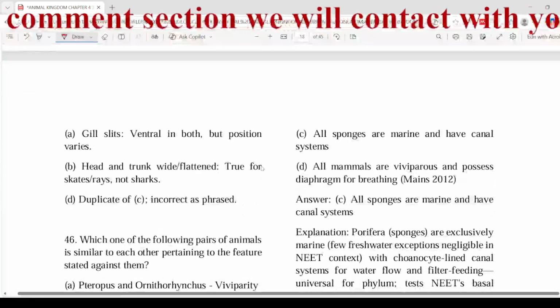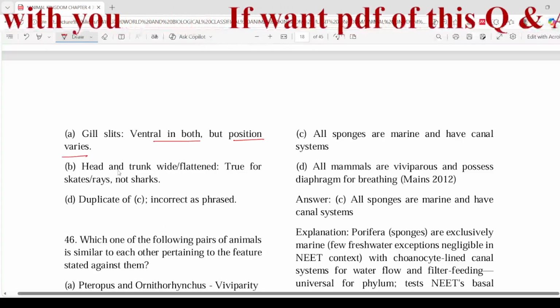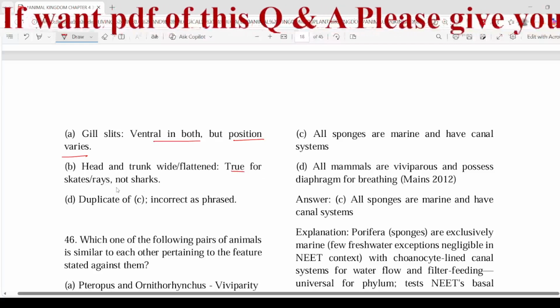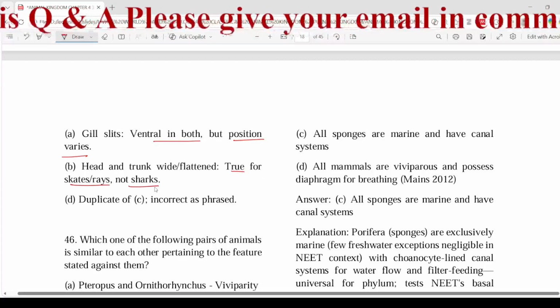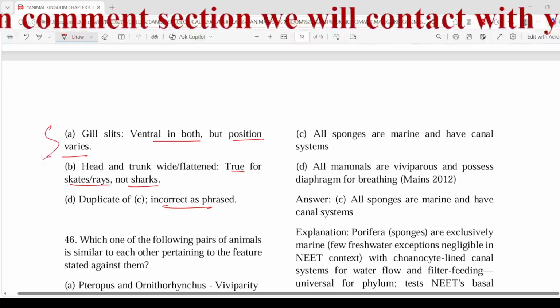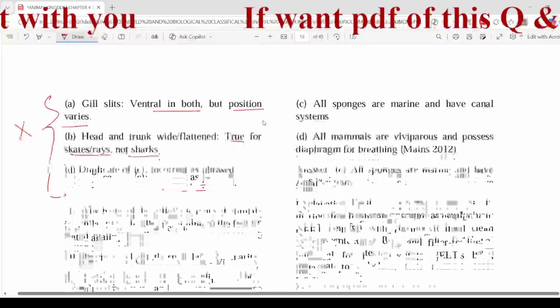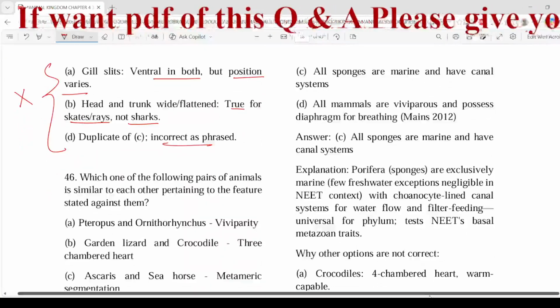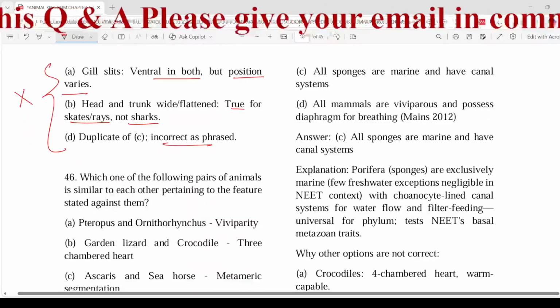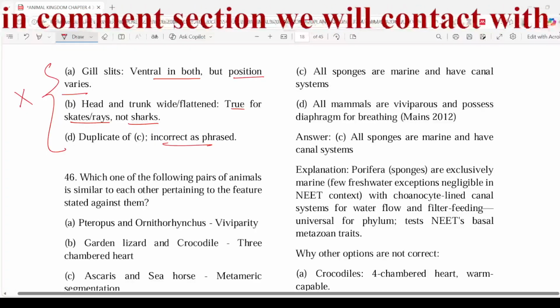Gill slits are ventral in both, but position varies. Head and trunk wide and flattened is true for skates and rays, not sharks. So these options are not correct. So this is the correct explanation for this question.